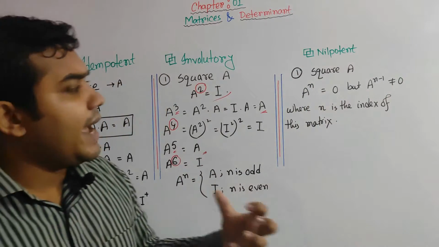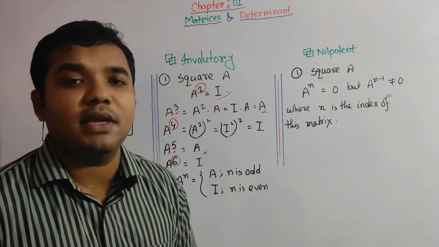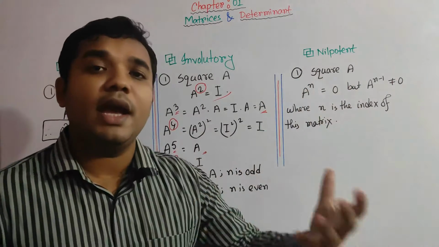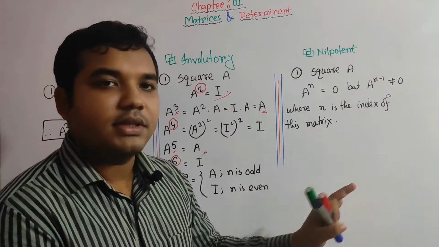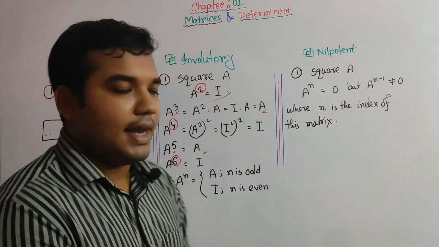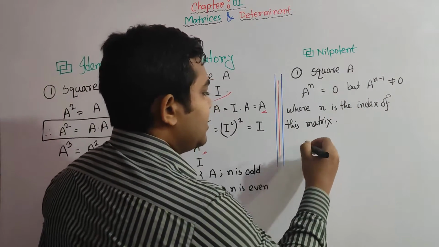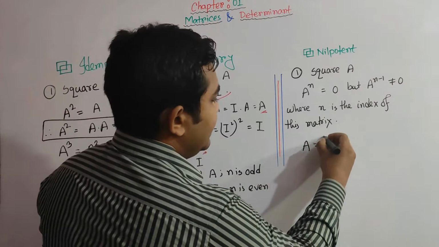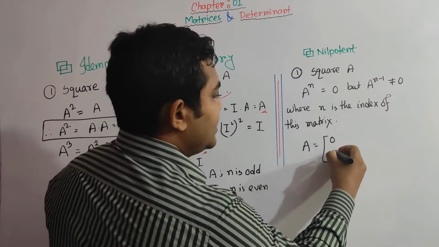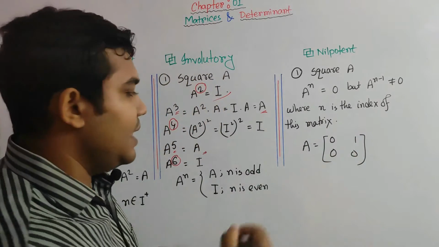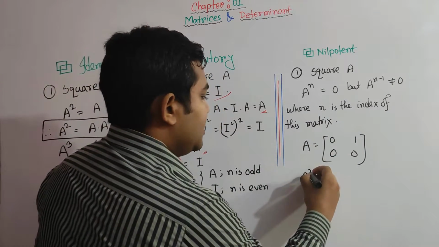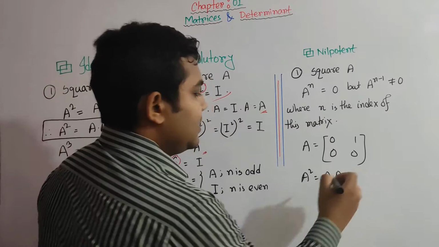Maybe one question arises in your mind: why am I thinking about this, what is n, what do we have to do? Actually, if any matrix is given to you, suppose A is given as 0 0 0 1. Now we have to consider A square first.